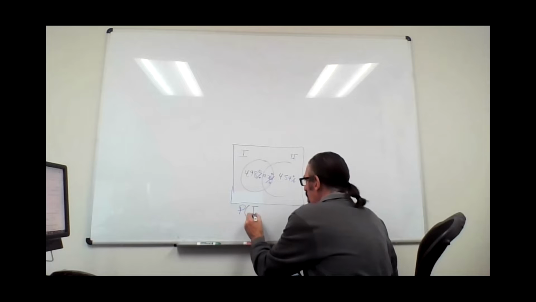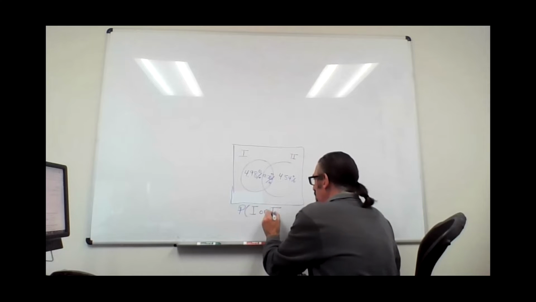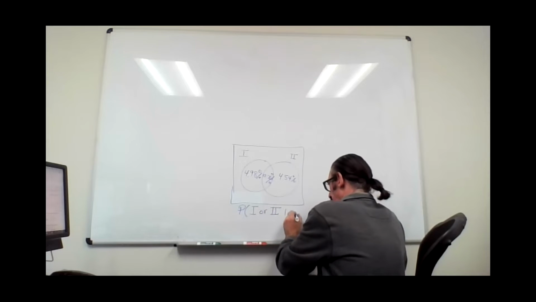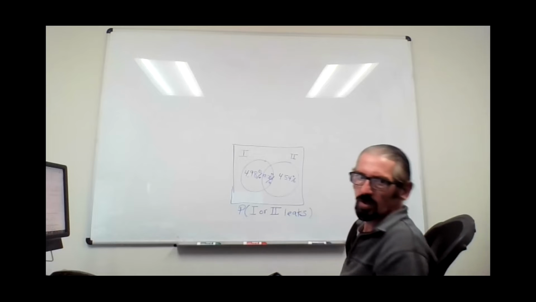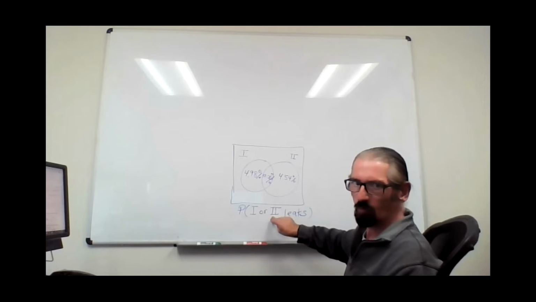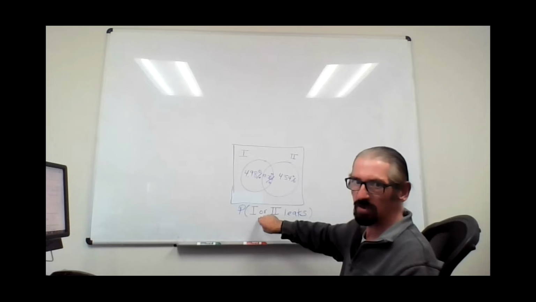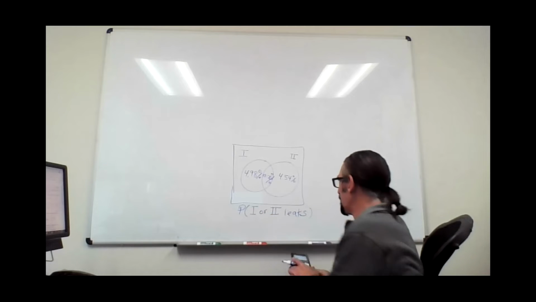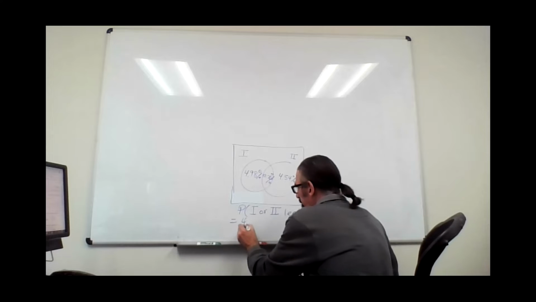The probability of at least one leaking. Remember, union is inclusive, so you could either have exactly one of them or both of them, i.e. at least one leaks would be the total.